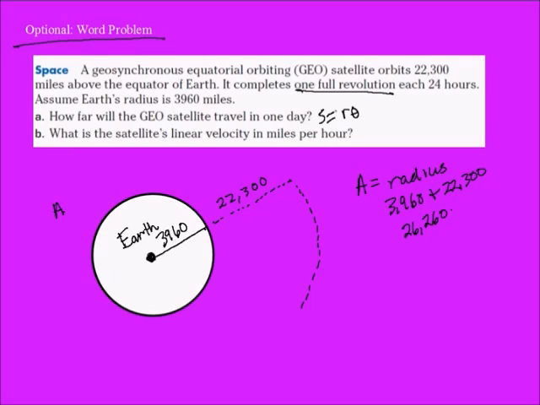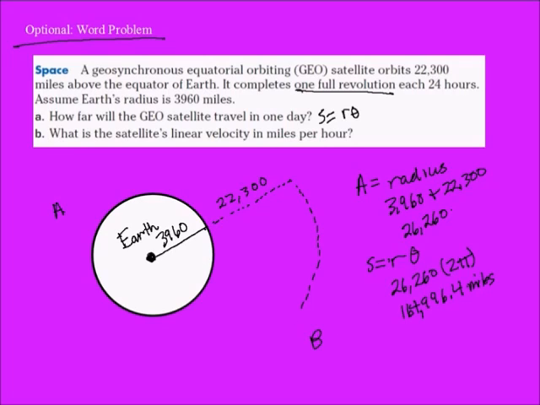Since this is S equals R theta, and we know what R is, and we only do one full revolution. Remember I told you, revolution is 2 pi. So this is 26,260 times 2 pi, okay? And your final answer would be 164,996.4 miles. So that satellite is going around the Earth every day.